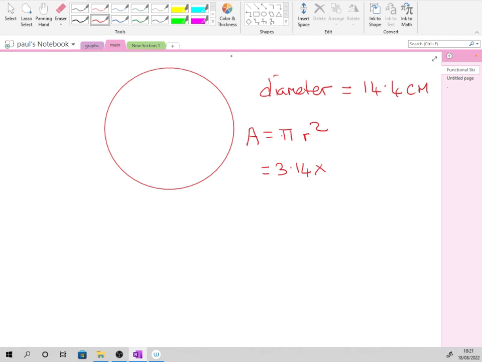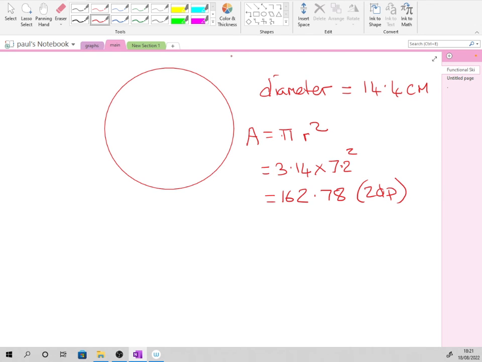R is half the diameter, which is 7.2 squared. So 3.14 times 7.2 squared is 162.78, rounded to 2 decimal places.